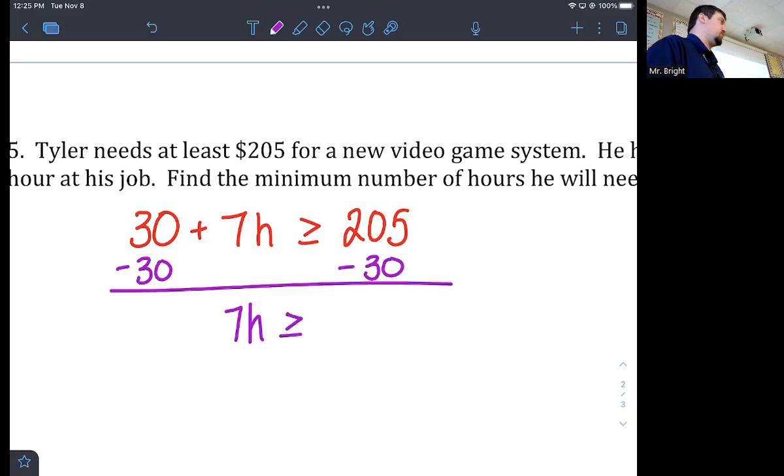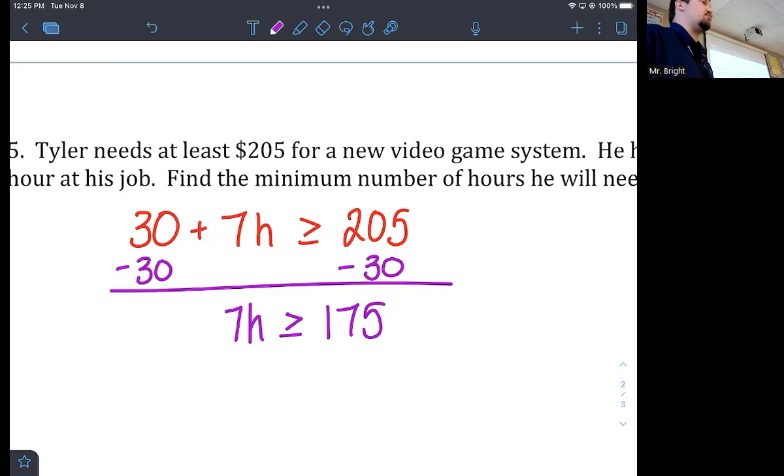This is where our calculators could come in handy. What'd you get, Blaine? Say it one more time. 175. Okay. So if he's already saved $30, he only needs to save 175 more dollars.